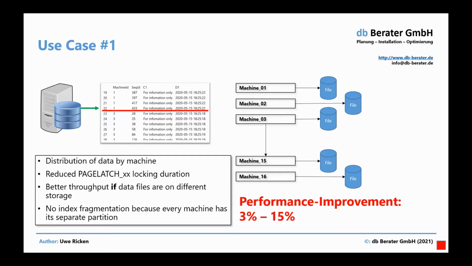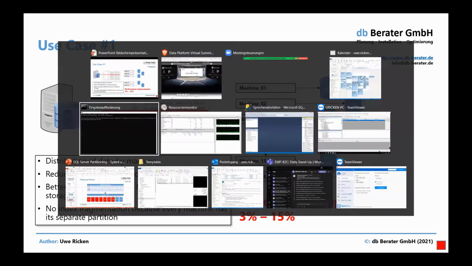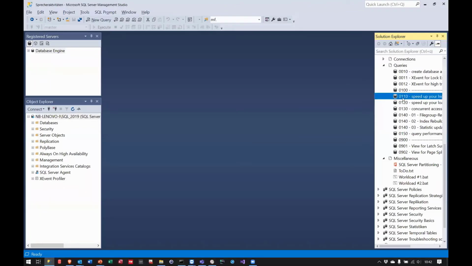We had a better throughput if data files are on different storage. And the fourth thing is that we did not have any more index fragmentation because every machine has its separate partition. Let me show you how this will work in real time.